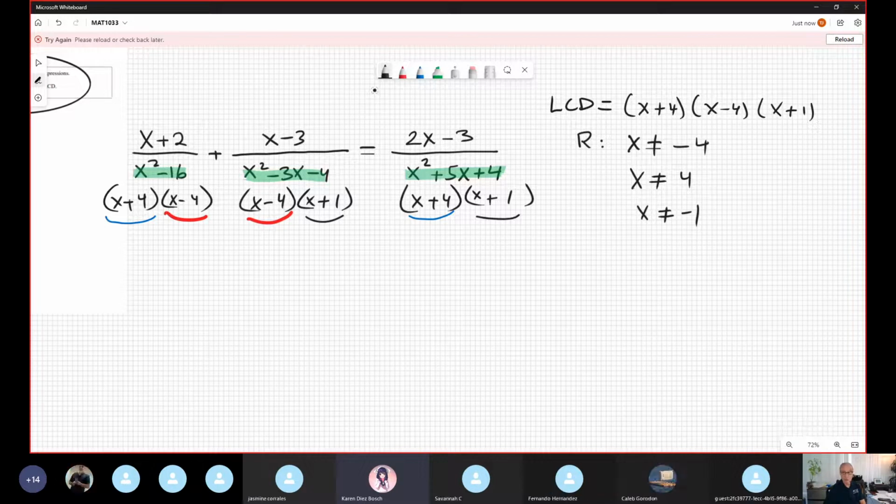When you multiply, our LCD is this, times the first fraction. We get x plus 2, x minus 4, x plus 4, and x minus 4 cancel, and only x plus 1 stays alive.